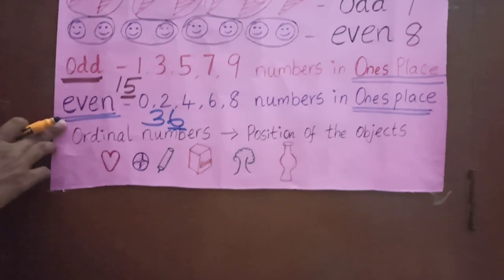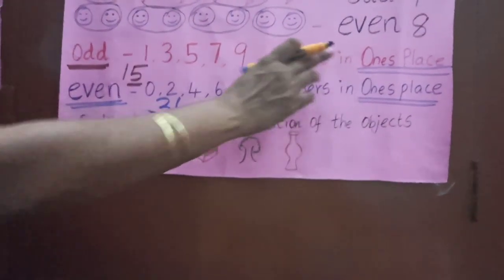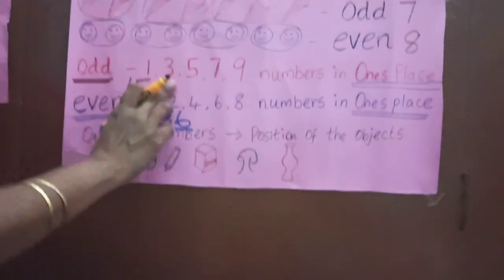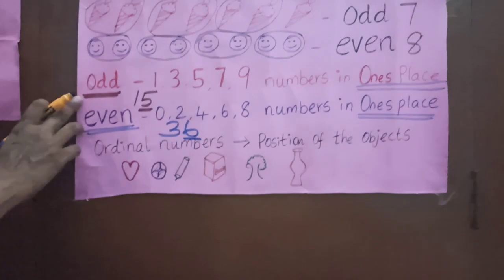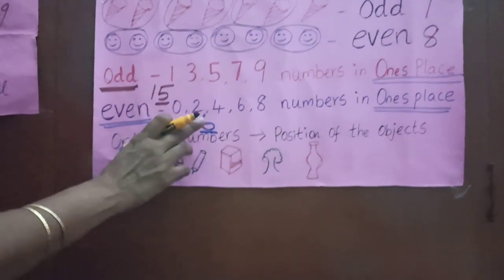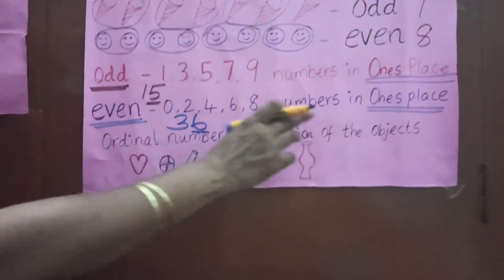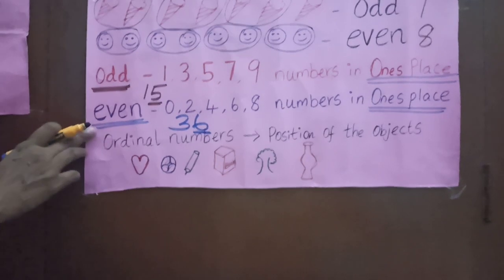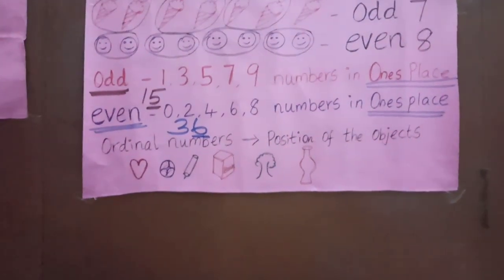Are you clear? Say once again. If the ones place is 1, 3, 5, 7, 9, the number is odd. If the number ends with 0, 2, 4, 6, 8, the number is even.